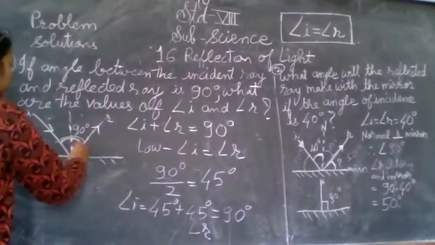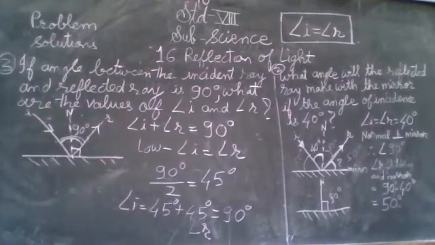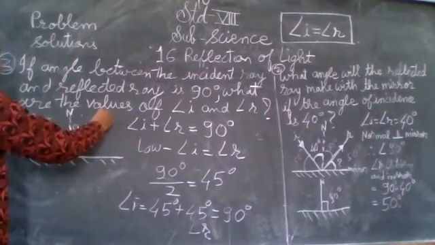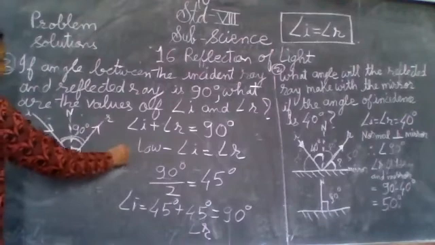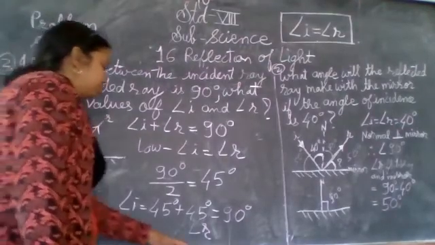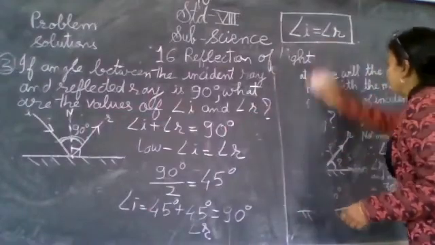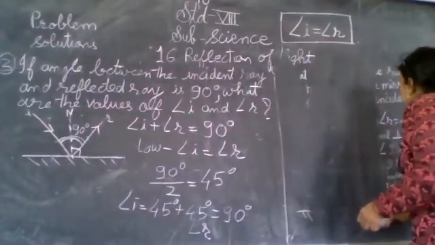Therefore, the angle between the mirror and the normal is always going to be 90 degrees. So, you can get the angles between the reflected ray and the mirror, and the incident ray and the mirror also. Okay, so that way you can solve these problems and note down in your fair copies.